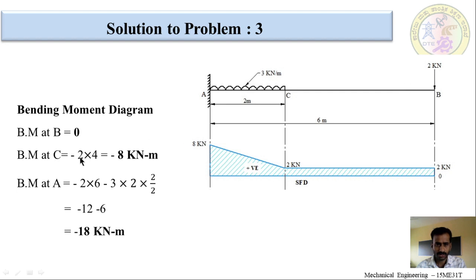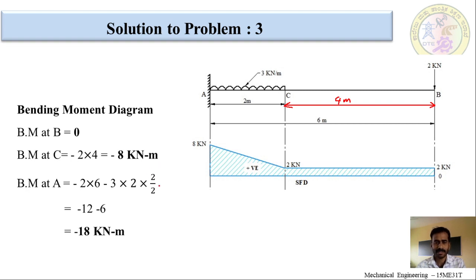So, negative 2 into the distance between C and this point load is 4 meters, because 6 minus 2 we are left with only 4 meters. So, from C to B the distance is 4 meters. Okay. So, we have to multiply this load into the distance for calculation of the bending moment. So, -2 into 4 is equal to -8 kilonewton meter.